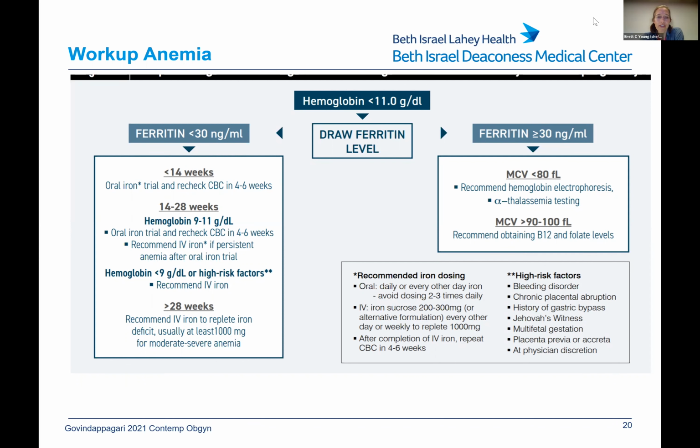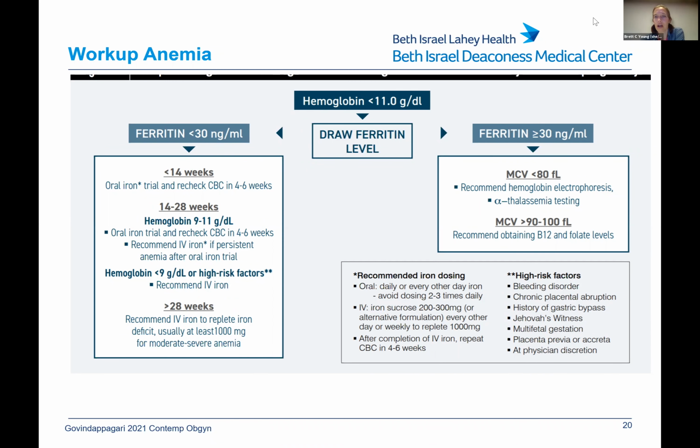And ideally, if patients are in the third trimester and we have less time to catch up, we should probably think about proceeding with IV iron initially, as we know that studies, which I'll show you in the next slide, do demonstrate better efficacy with IV iron compared to oral iron.